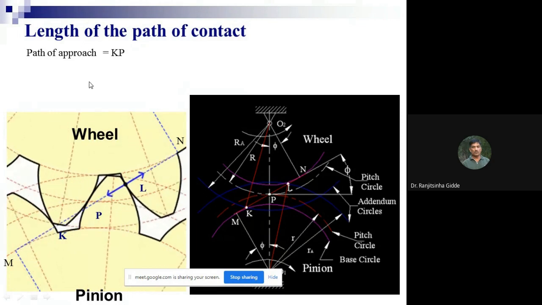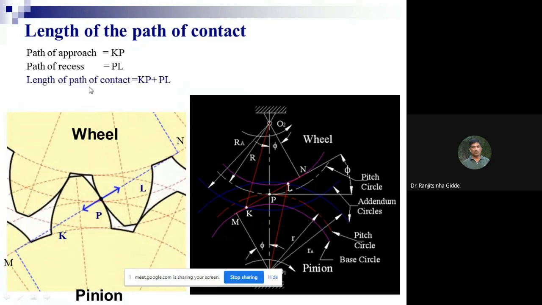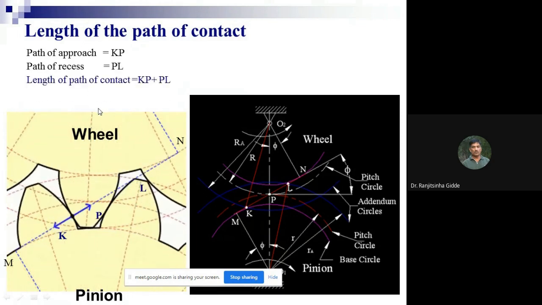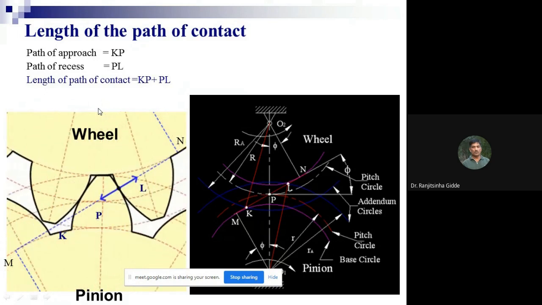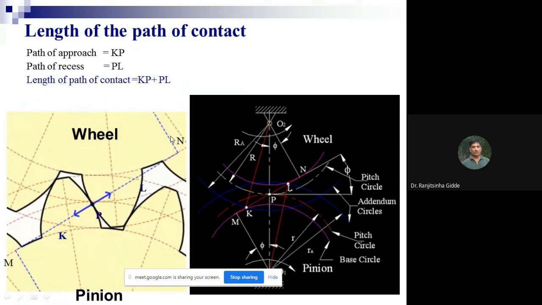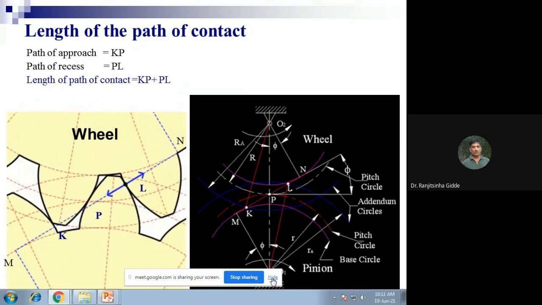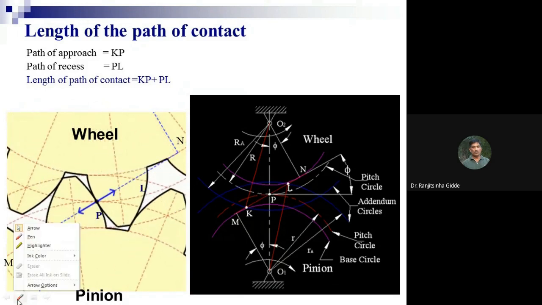This length of path of contact consists of two parts. If you look keenly, this one is K, this is the pitch point, this is L. So KL is the length of path of contact.